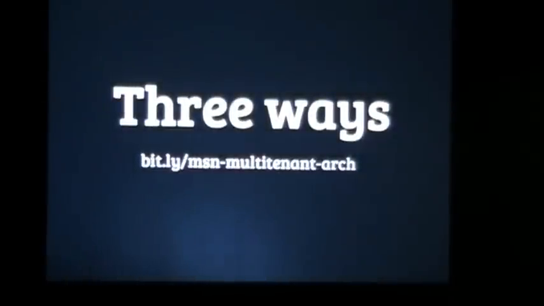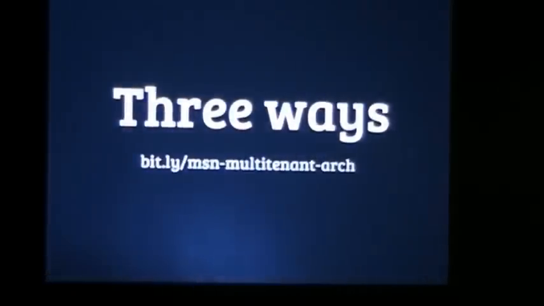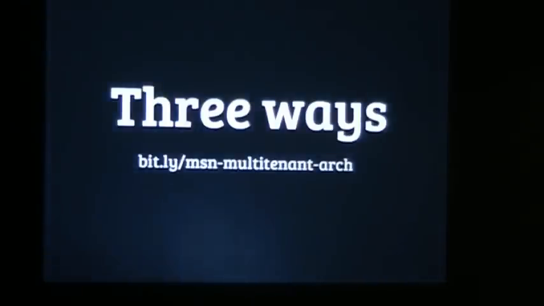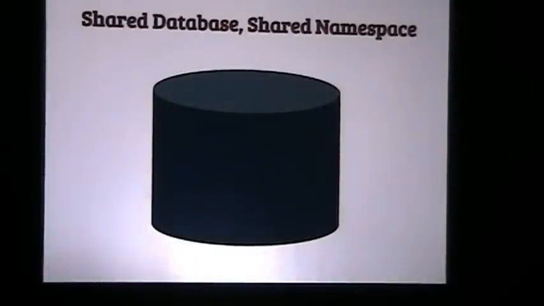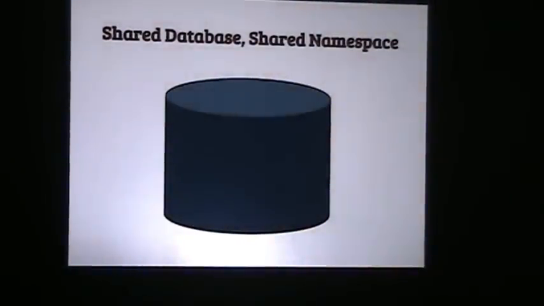I was looking at different solutions, and there's this Microsoft paper that talks about three distinct ways that you can go about doing this. The first one is a shared database and a shared namespace. That's one database you're connecting to, and all your information, for example the pages table for all your users, is in the pages table.